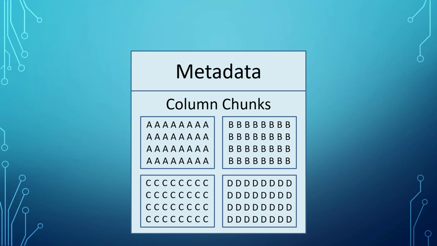Engineers at the time from Twitter and Cloudera got together and said, let's make it an open source project based on this same design. Now they knew kind of how they would organize it, how the metadata would work, and this project became Parquet.